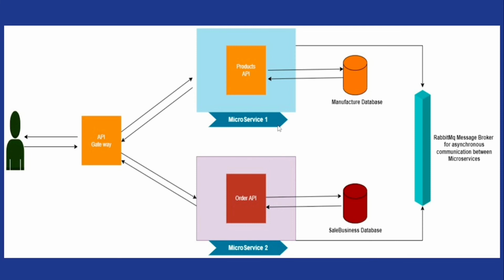In that case, we can use the RabbitMQ message broker for asynchronous communication between the two microservices. In this demo, I am using RabbitMQ. There are a lot of other message brokers, like Azure Service Bus; you can use any of them for asynchronous communication between the microservices.